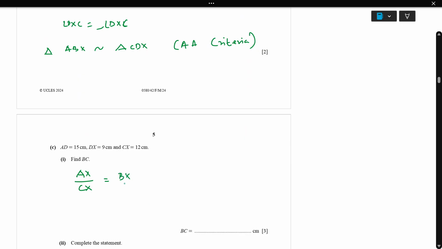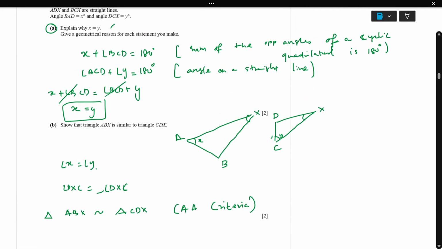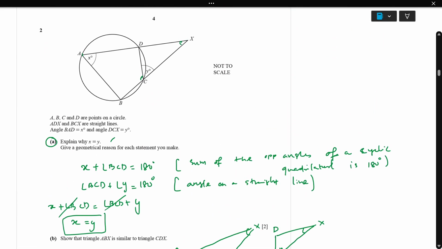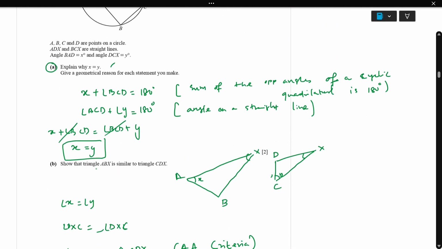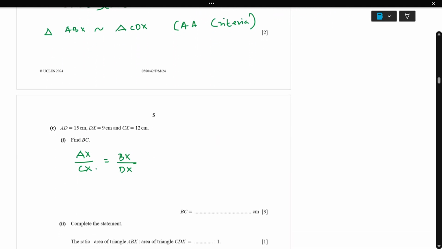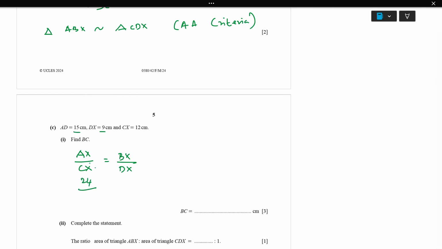I'll apply the values. AX in the figure is AD plus DX, which is 15 plus 9, which is 24, over CX, which is 12, equal to BX.